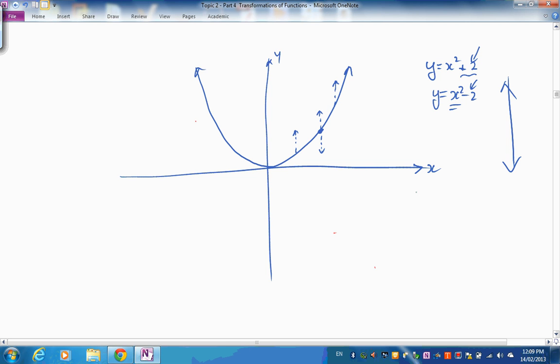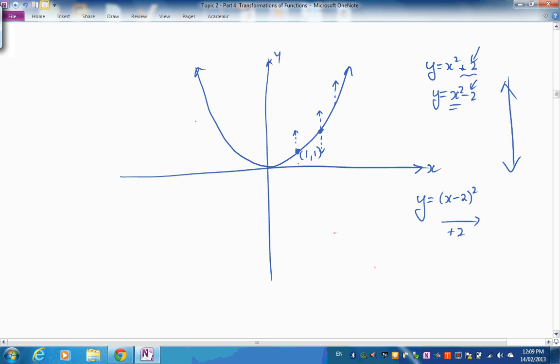What about the other one though? Y equals x take 2 squared. This moves in the positive x direction because we've replaced x by x take 2. How would you think of that? Well, let's think of this point here, which is 1, 1 on y equals x squared.